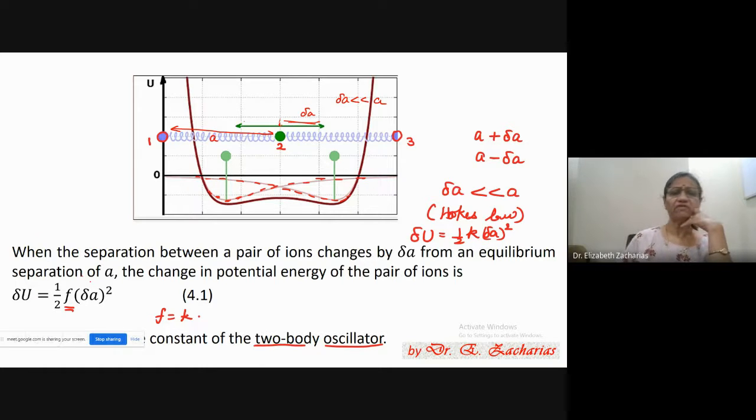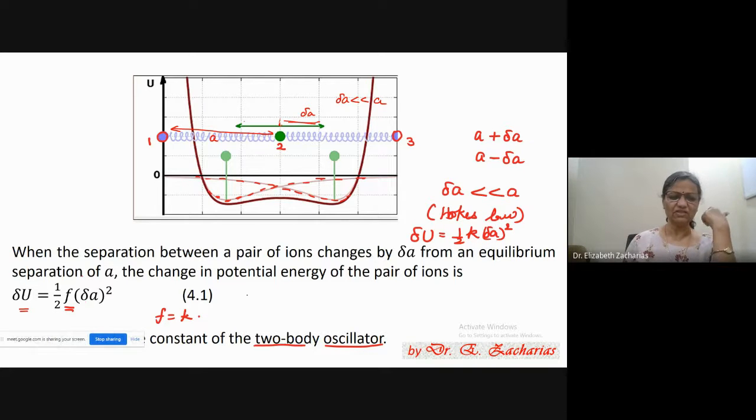And we have seen that whenever this kind of displacement happens, there is a change in potential energy, which is half f delta a squared. Please remember this f that we are writing here is the spring constant. This book writes spring constant k as f. And delta a is the displacement.